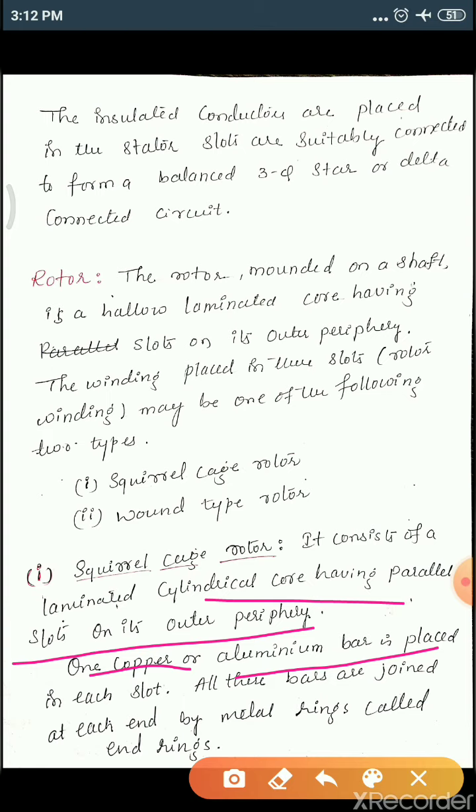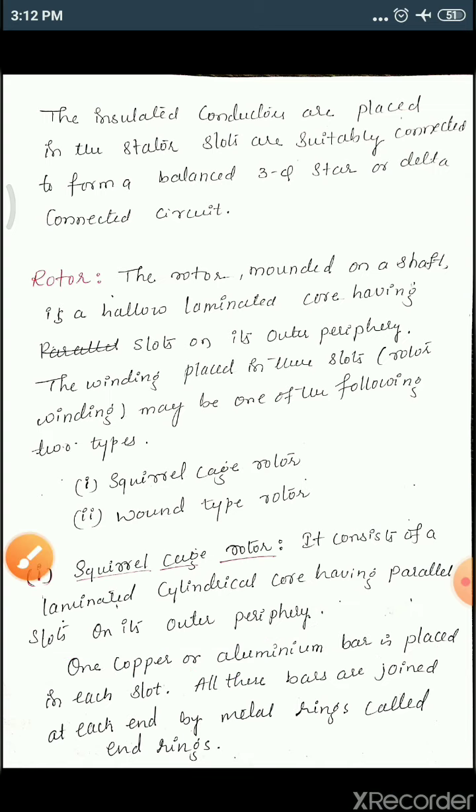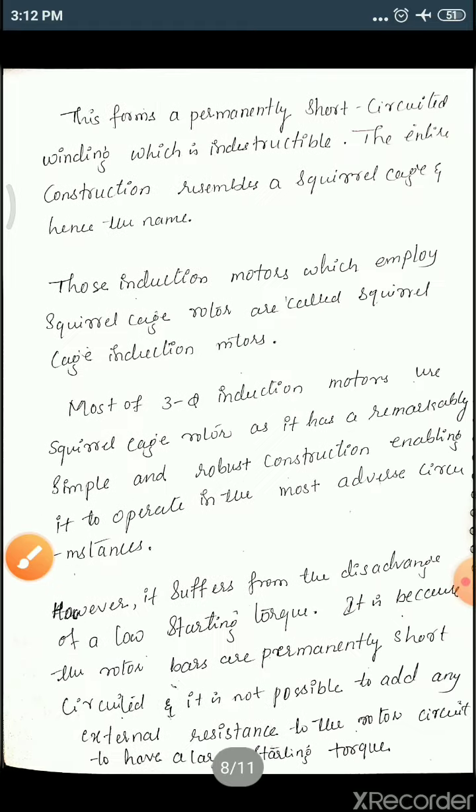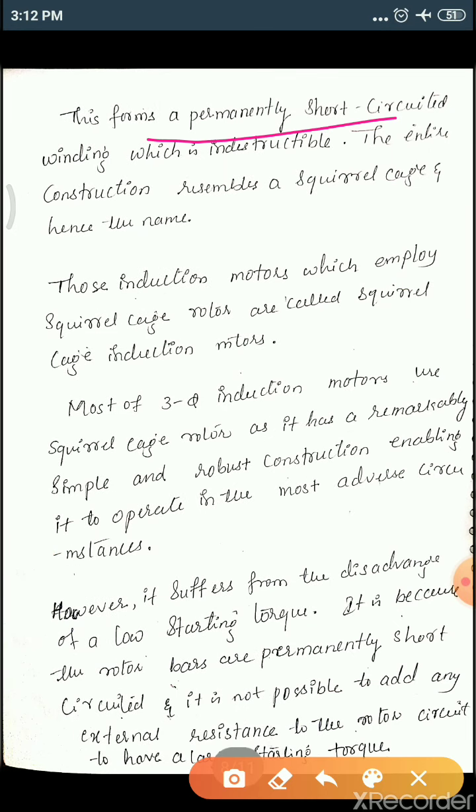All those bars are joined at each end by metal rings called end rings. Remember this, they are shorted by the end rings. This forms a permanently short circuited winding which is indestructible, and the entire construction resembles a squirrel cage, so it is called by that name.